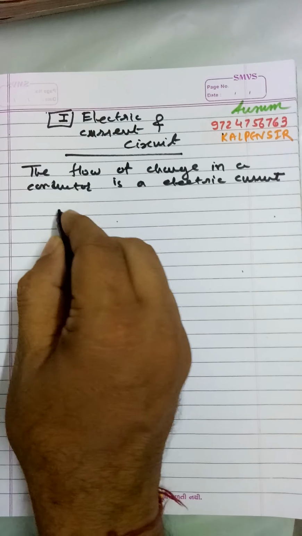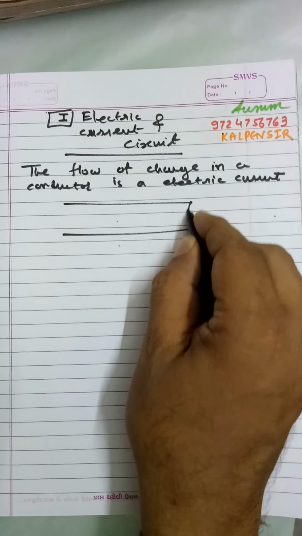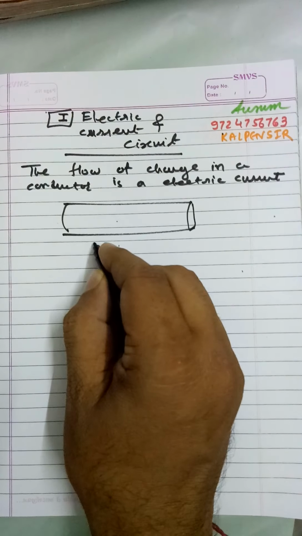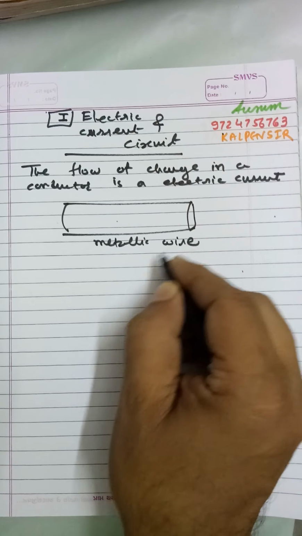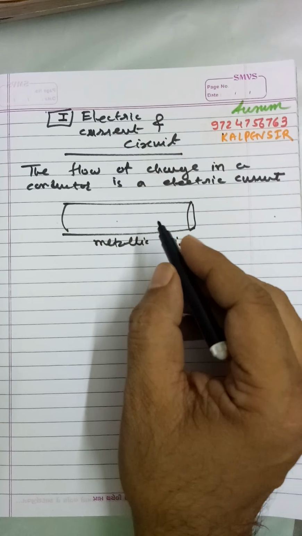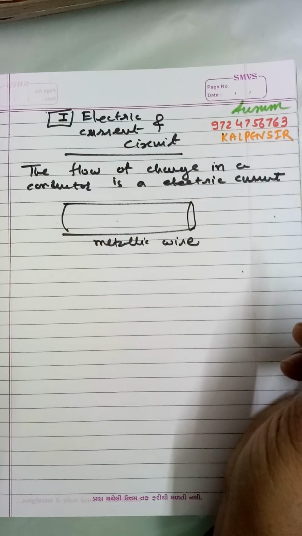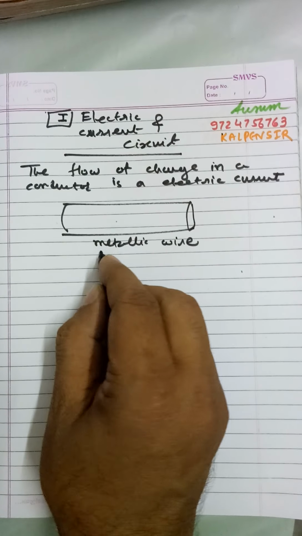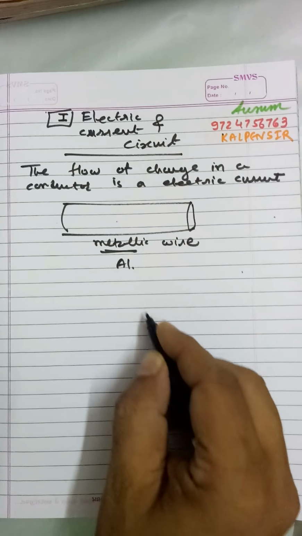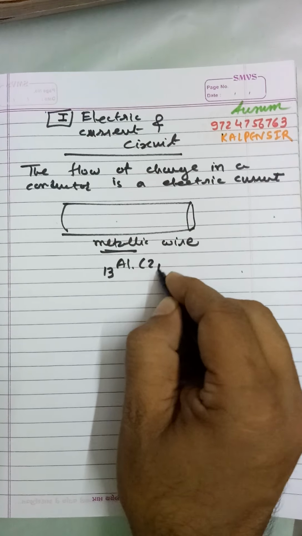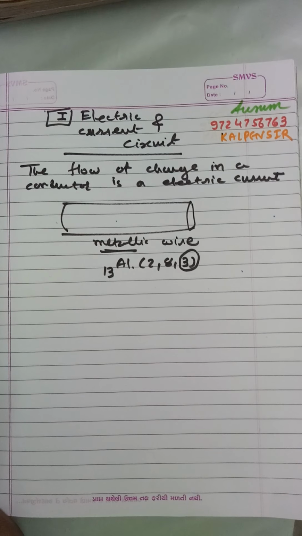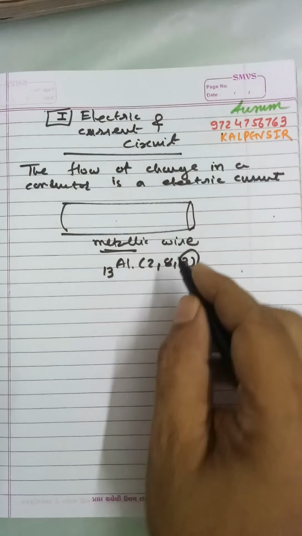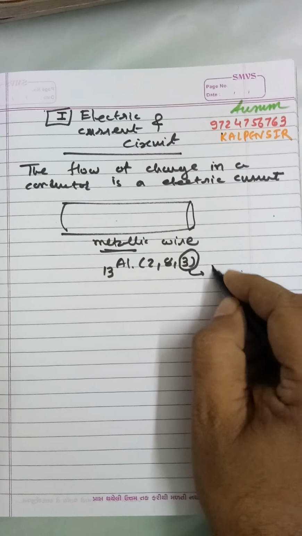In a metallic wire, each atom has one or more loosely bound electrons. For example, aluminium metal: its atomic number is 13, so the configuration is 2, 8 and 3. So 3 electrons are present in its outermost orbit, and they are loosely bound.